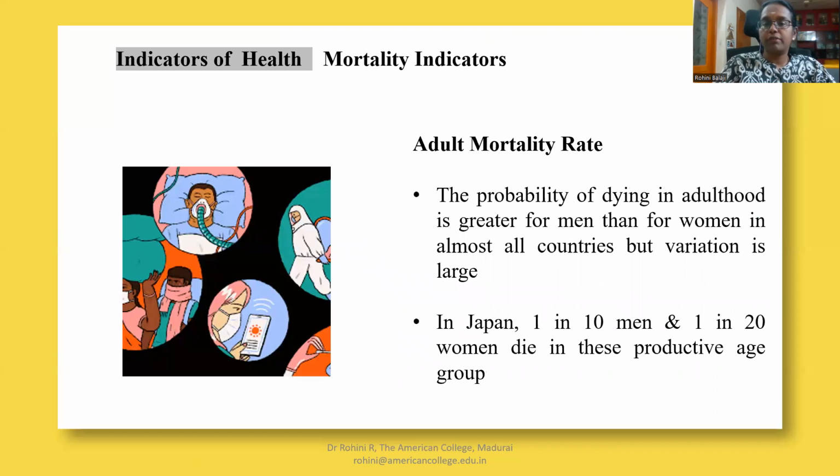The probability of dying in adulthood is greater for men than for women in almost all countries, but the variation is large. In Japan, 1 in 10 men and 1 in 20 women die in this productive age group.